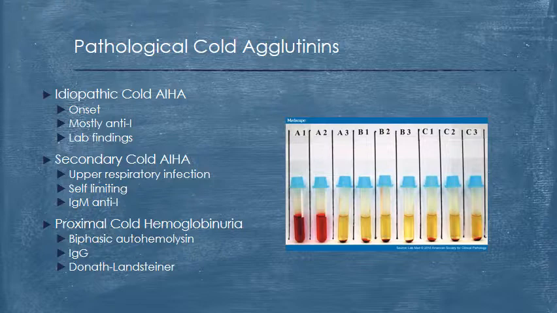Okay, so in the 3 cases that we have here listed, you can see we have idiopathic cold agglutinin, cold autoimmune hemolytic anemia. You have secondary cold autoimmune hemolytic anemia, and you have proximal cold hemoglobinuria. Okay.